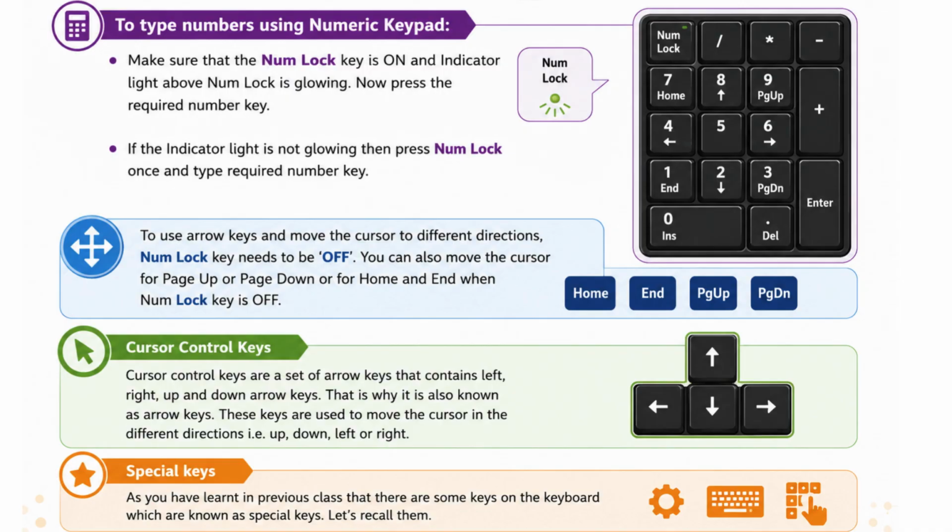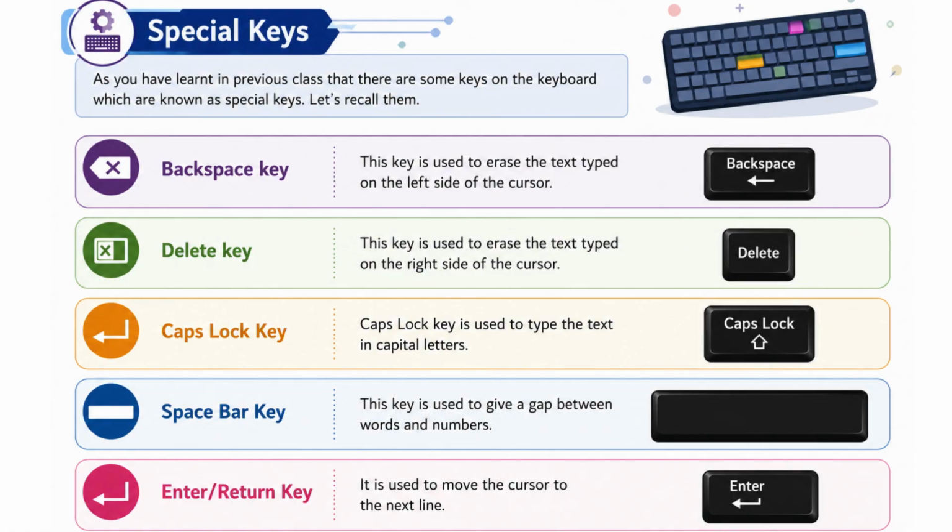And at the bottom of this keypad, you even have the arrow keys, that is right, left, up and down keys, that also are used to control the cursor from the numeric keypad. Now we have some special keys like backspace, delete key, caps lock key, spacebar, and enter or return key.